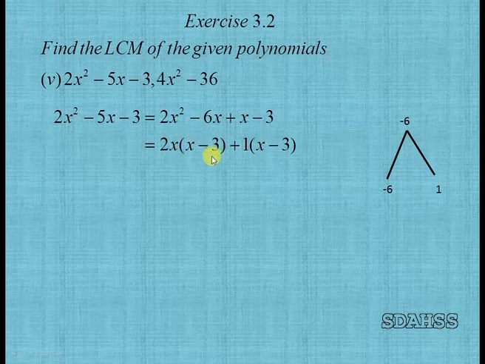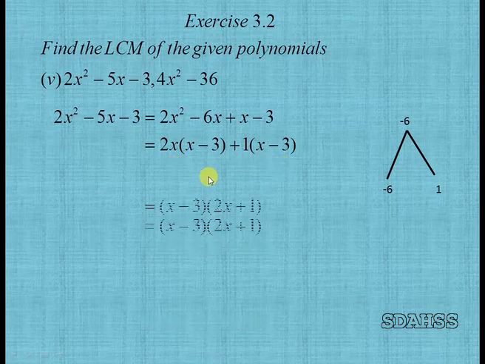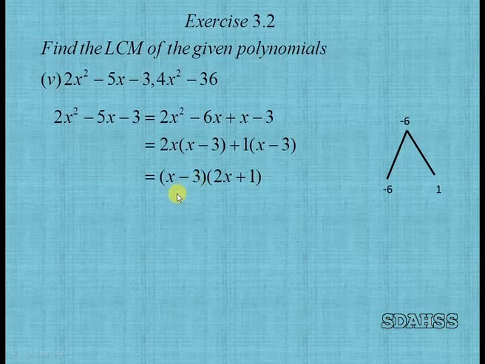In the last two terms, 1 is a common factor, so take it outside: plus 1 into (x - 3). Now x - 3 is a common factor, so take it outside. So 2x² - 5x - 3 is equal to (x - 3)(2x + 1).